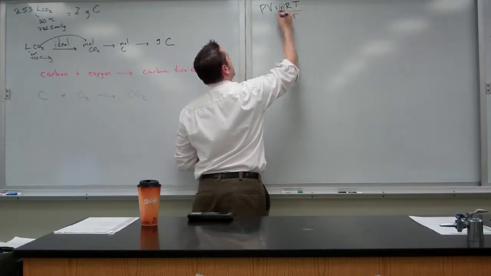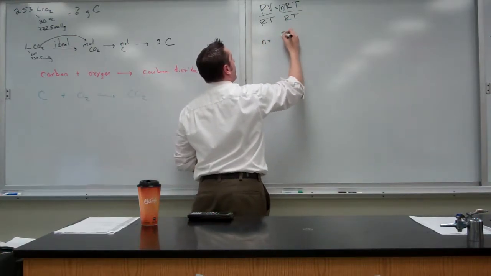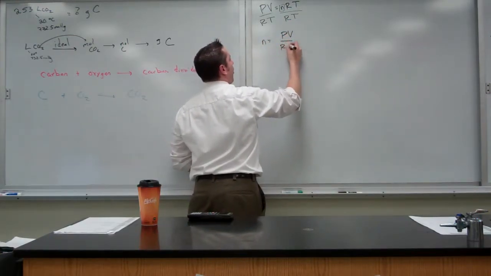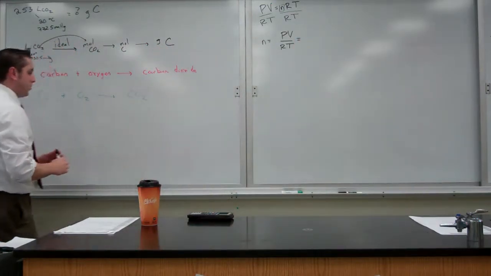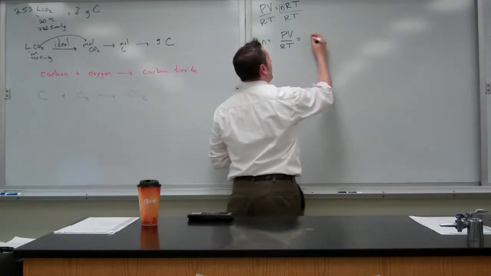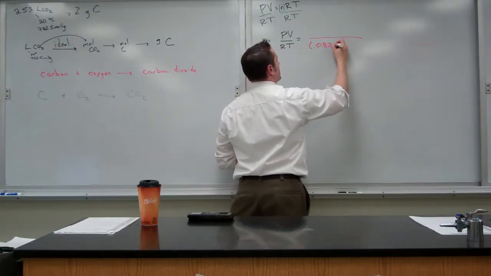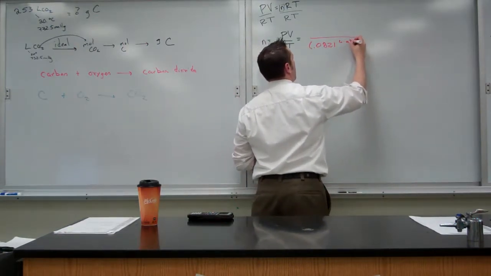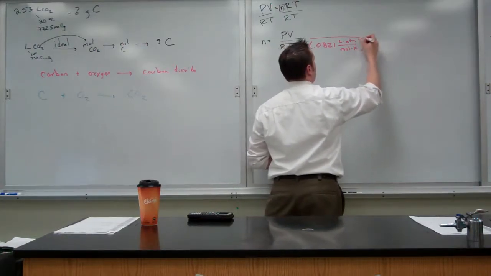I do that by dividing by RT. I'll get n equals PV over RT. Before I plug in, I make sure that my units match and my temp is in Kelvin. And so I always plop in R because it shows me my units: liters ATM per mole K.